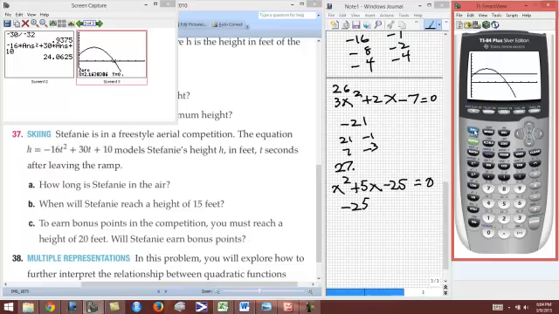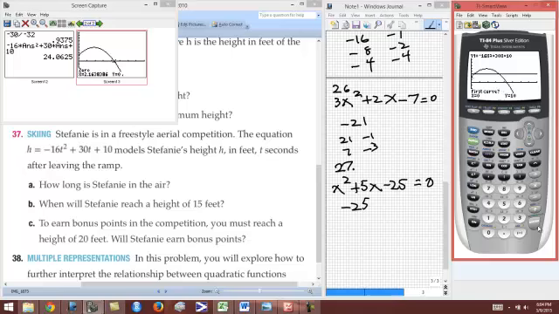I'm going to do second and hit trace for the calc menu, and now I want intersection, 5. Now I'm going to arrow over to the left. Notice which graph I'm on. Notice I am on the parabola, not on the horizontal line. Now I want to get this intersection right here.